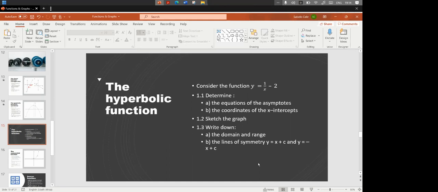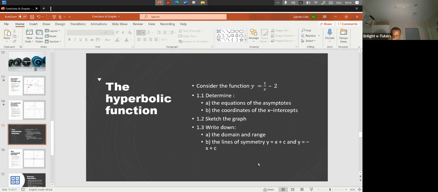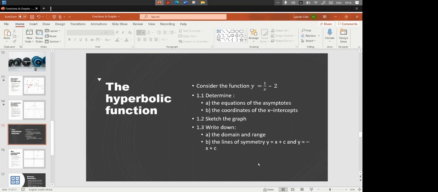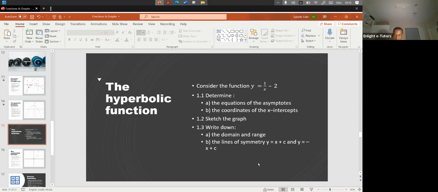No, it doesn't. Where x is never equal to 0, right? Exactly. And the range is going to be from negative infinity to positive infinity, where y is never equal to -2. Is that right? Exactly, yeah. You're catching up very well. It's exactly like that. Then you see, you are done with that one.